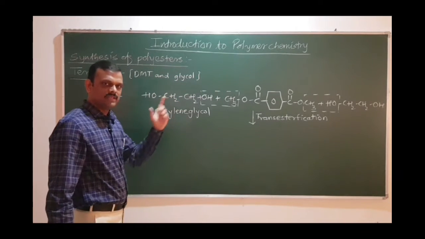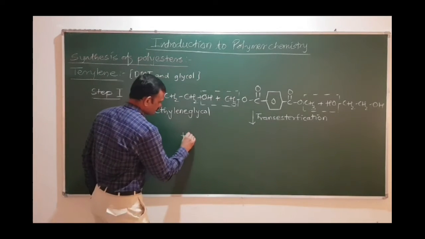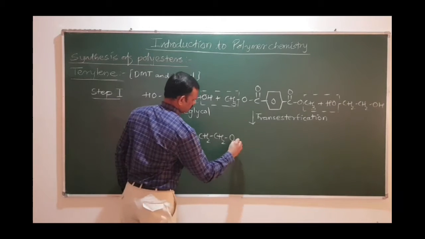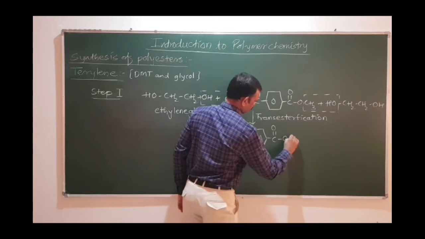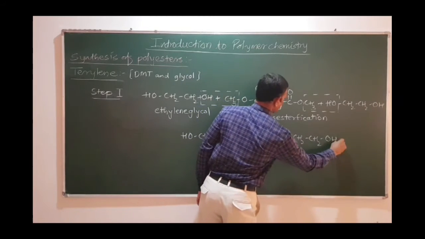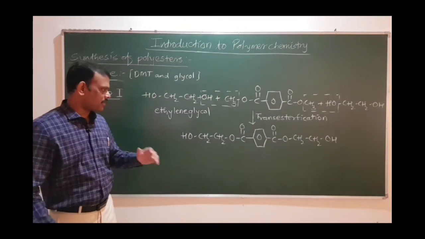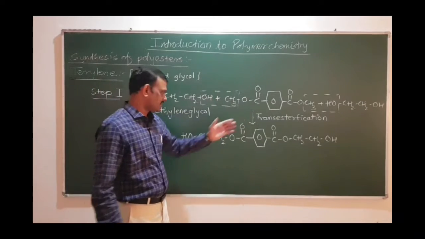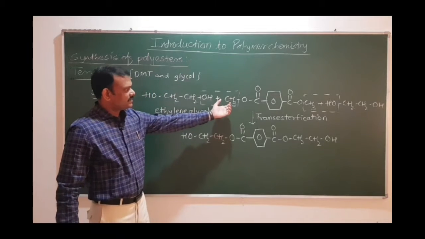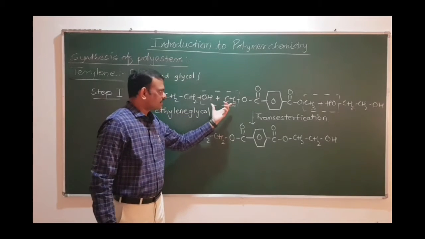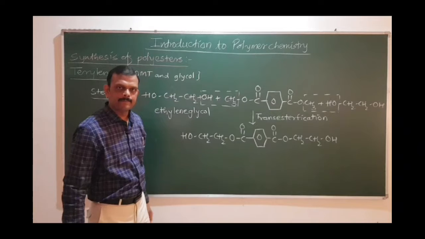The structure will be like this. This is the product formed after trans-esterification. This one is another ester which is just the substituted product from this DMT.